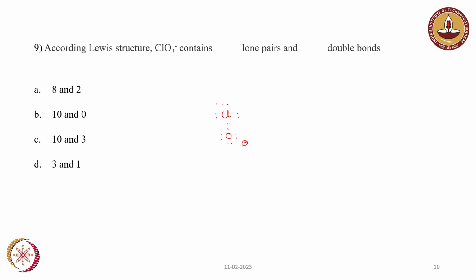Chlorine has 7 valence electrons, and there are 2 more oxygens, each having 6 valence electrons. If we form bonds like this, the octet of chlorine is completed.